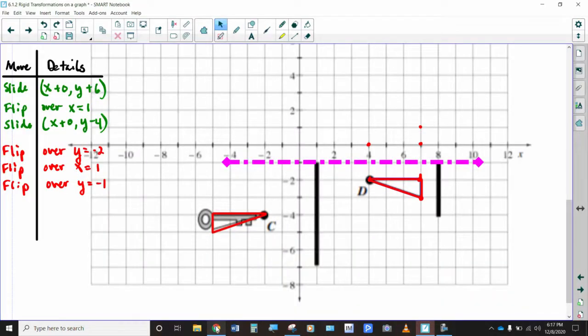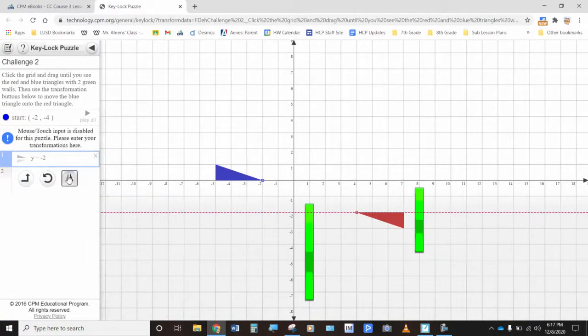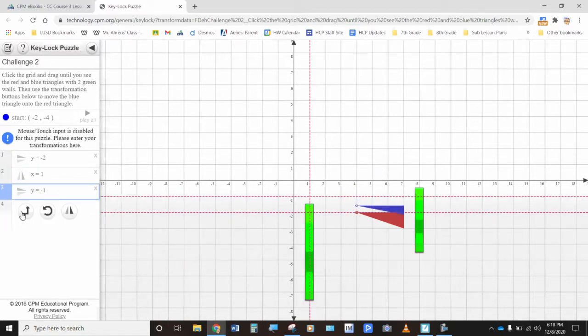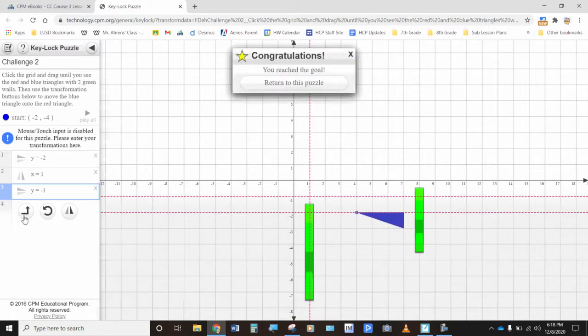Then we flipped it over x equal to 1. Let's do another flip where x is equal to 1. And then the last flip, I remember, was where y was equal to -1. No, it wasn't. Yes, it was. Oh wait, that's from the previous one. Y is equal to negative, yeah, over that one. And congratulations to me, it worked.